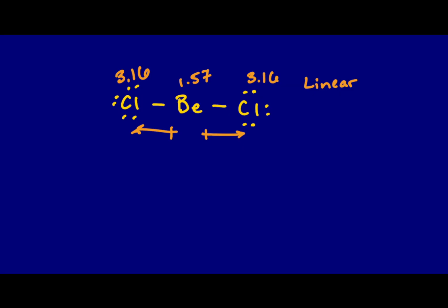And so because these electronegativity differences are the same, right, we get the 1.59 on each side of the beryllium. So opposite directions with the same magnitude of electronegativity difference means that these dipole arrows cancel out. And so we're going to have a nonpolar molecule because of these canceling dipoles.